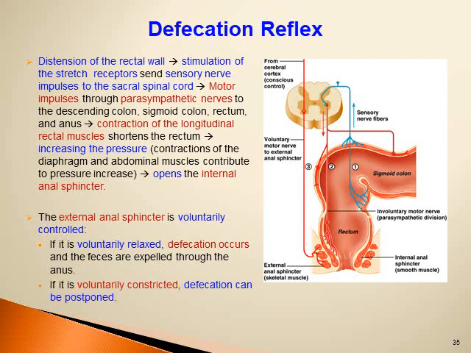If the sphincter is voluntarily constricted or the conditions are not suitable, defecation will be postponed, and the fecal material that is present in the rectum and causing distension and activation of the defecation reflex will be pushed back into the sigmoid colon by something called retroperistalsis, backward movement of the fecal material from the rectum into the sigmoid colon to reduce the stretch on the wall of the rectum.